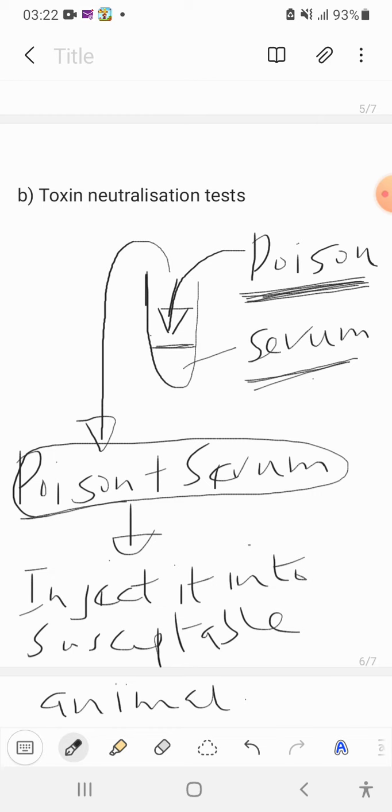But if the serum has no antibody, then the biological effect of the poison will remain and will kill the animal. So a positive test shows that the animal is not killed. A negative test, the animal dies.